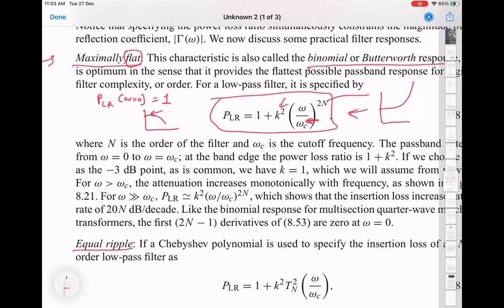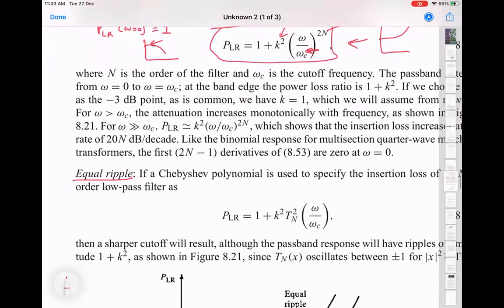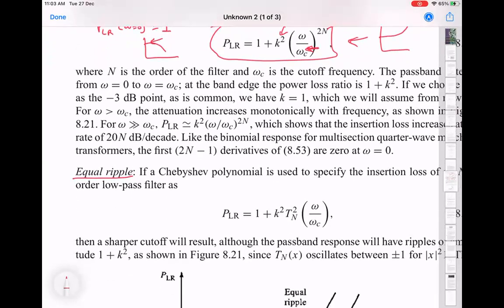There is also another type of response which is used. I've never seen an actual filter which we purchase which will have this kind of a response. I guess it must be for very specific reasons. And this has a very similar response function except for this extra factor here, Tn.